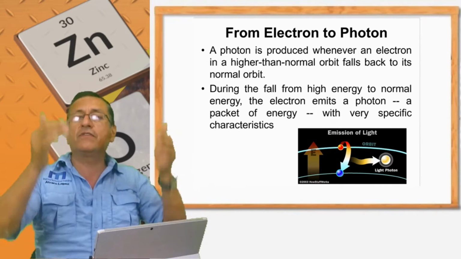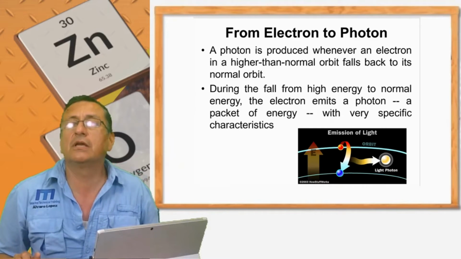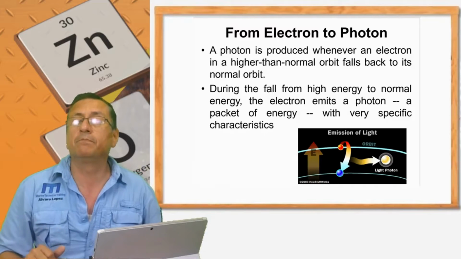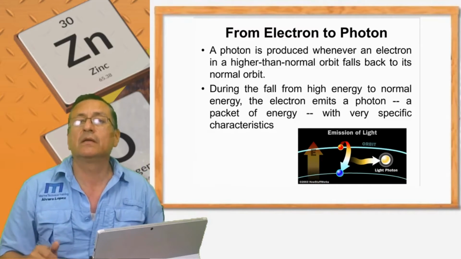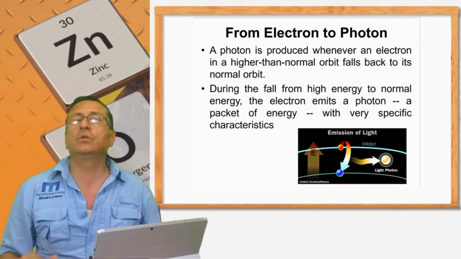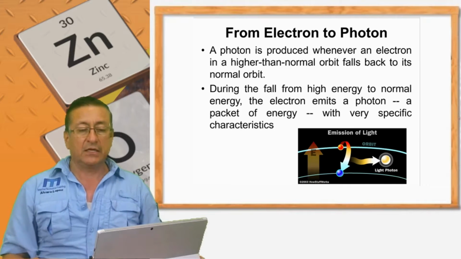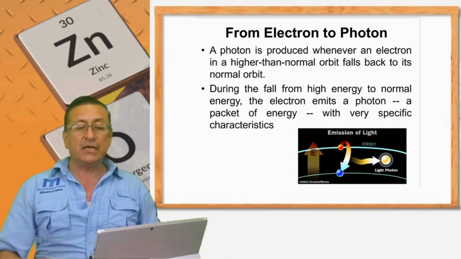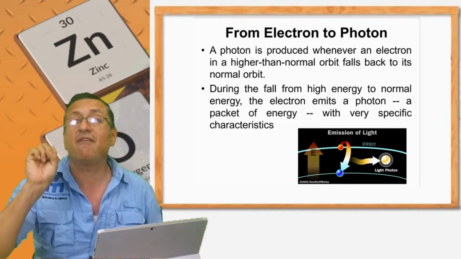It's the return of the electron to the original orbit when the atom loses energy, loses heat. The electron tries to return to the original orbit. During the fall from the high energy to the normal energy, the electron emits a photon.